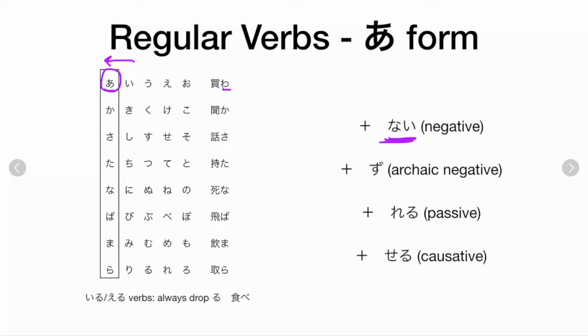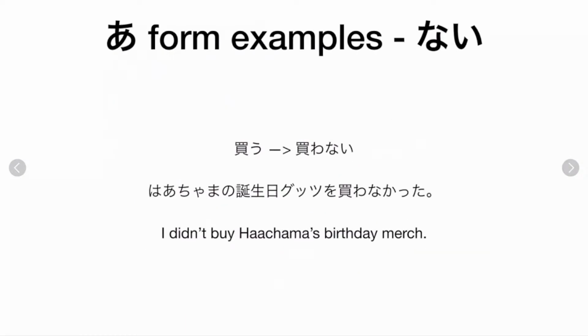Everything else is the same. So, for example, shinu, which is to die, will change to shina, and then you add nai, shina nai, not die. And again, irregular verbs, they have the same stem for all sounds. So the a stem of taberu is also tabe, and you add nai, tabe nai.